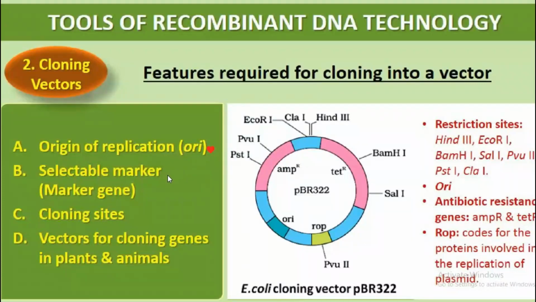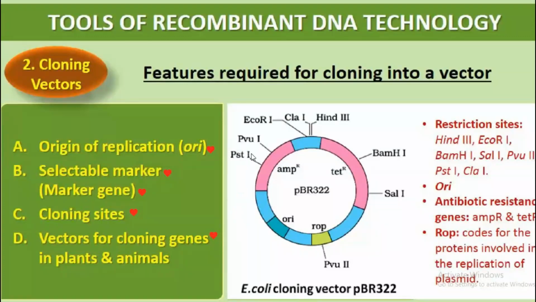Then the second feature is that there should be a selectable marker. The selectable marker is the marker gene. The third quality is the cloning site. There should be a cloning site. Then the last feature is vectors for cloning genes in plants and animals.